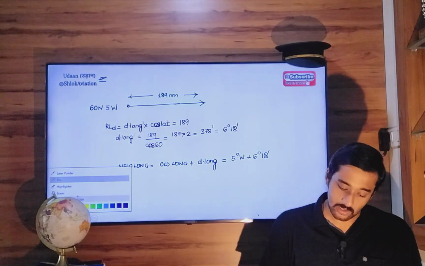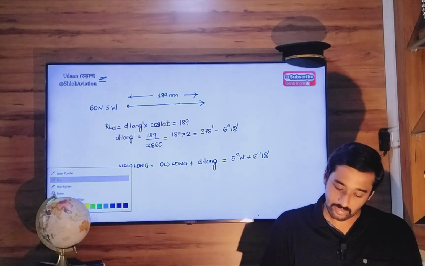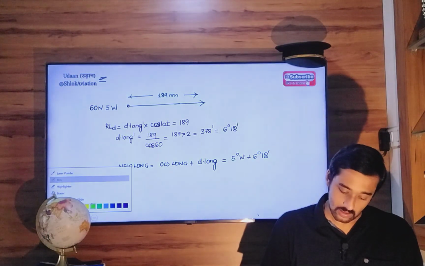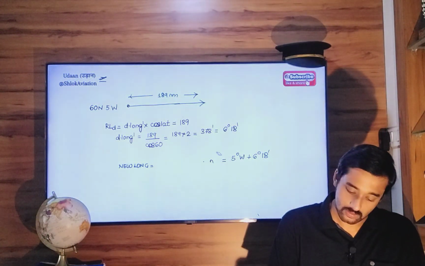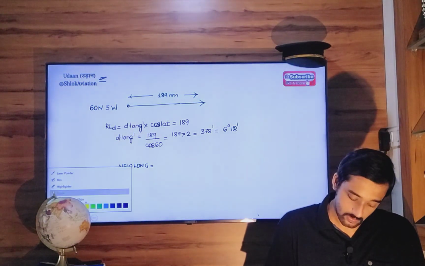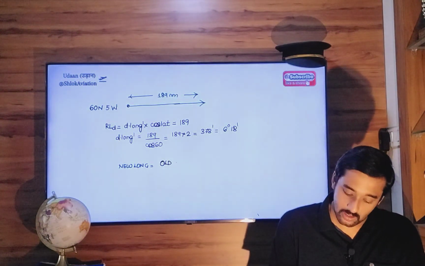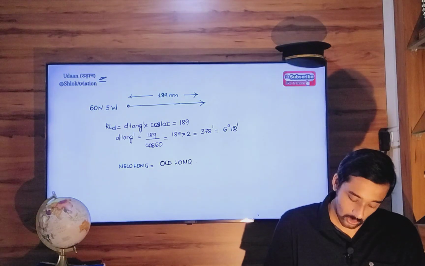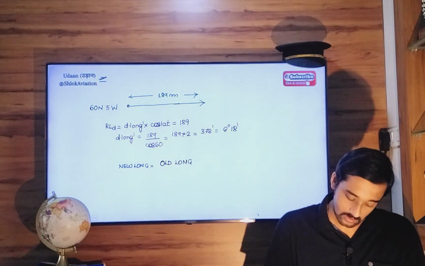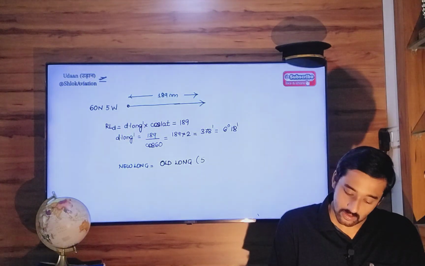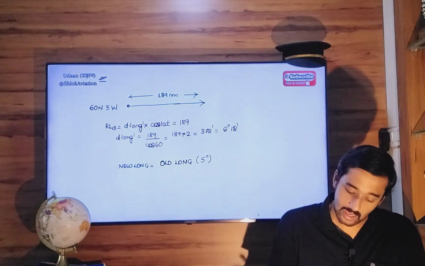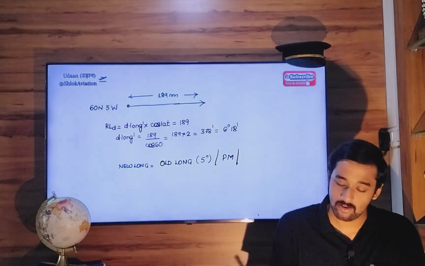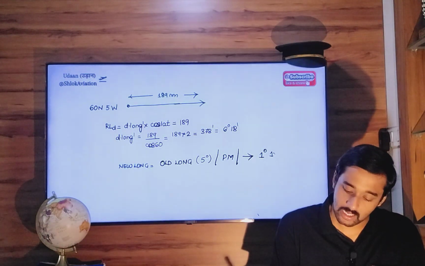New longitude equals old longitude of 5 degree, and then we have a prime meridian in the center, and from this prime meridian we will be traveling another 1 degree 18 minutes east.